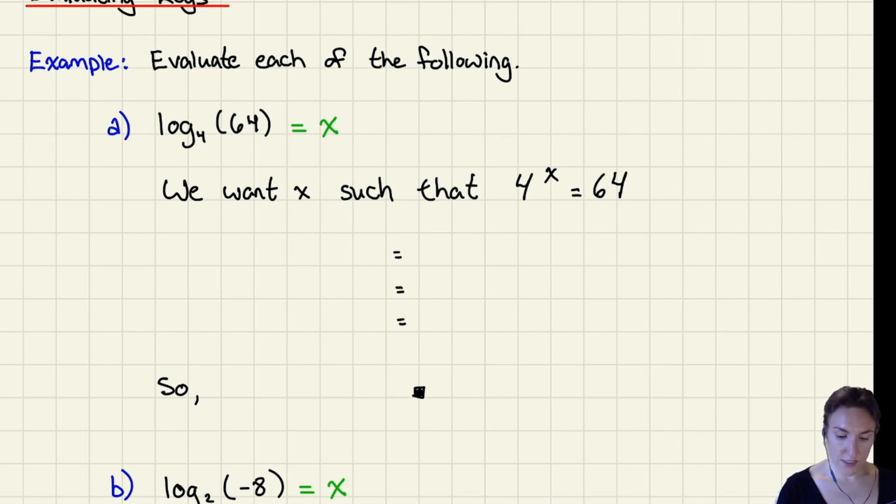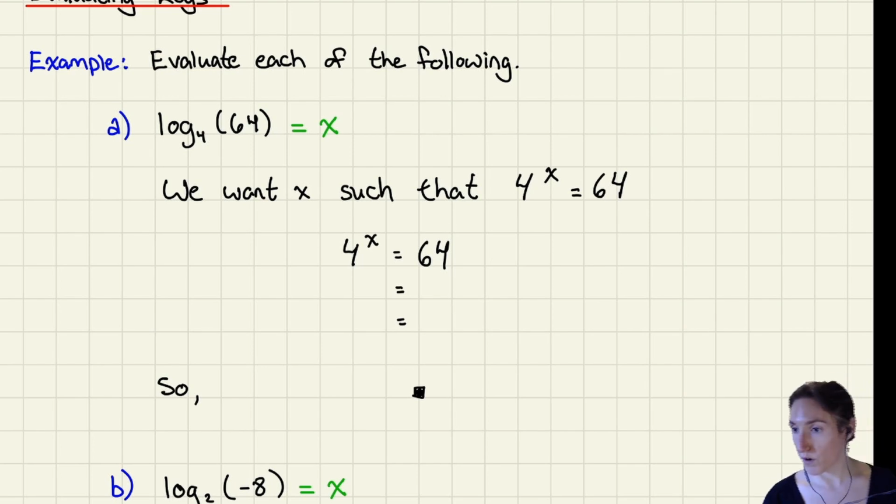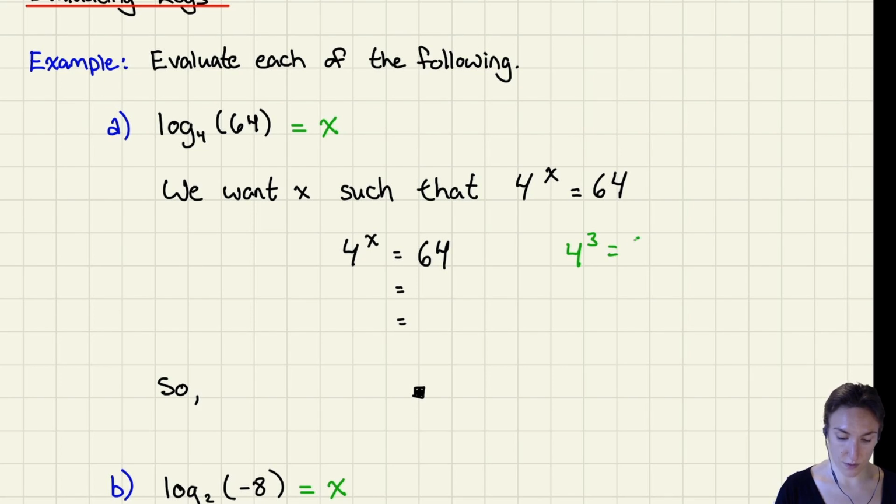So my bases as of right now, this and this, are not the same. My 4 to the x is equal to 64, but maybe I can write 64 in terms of 4. If I did 4 squared, that's going to be 16. If I multiply by 4 again, then I will get 64. So 4 cubed is equal to 64.